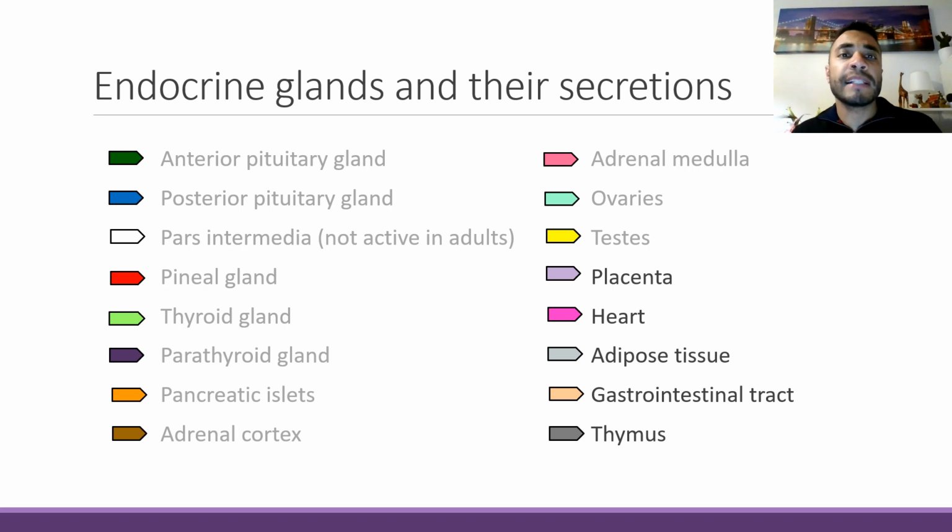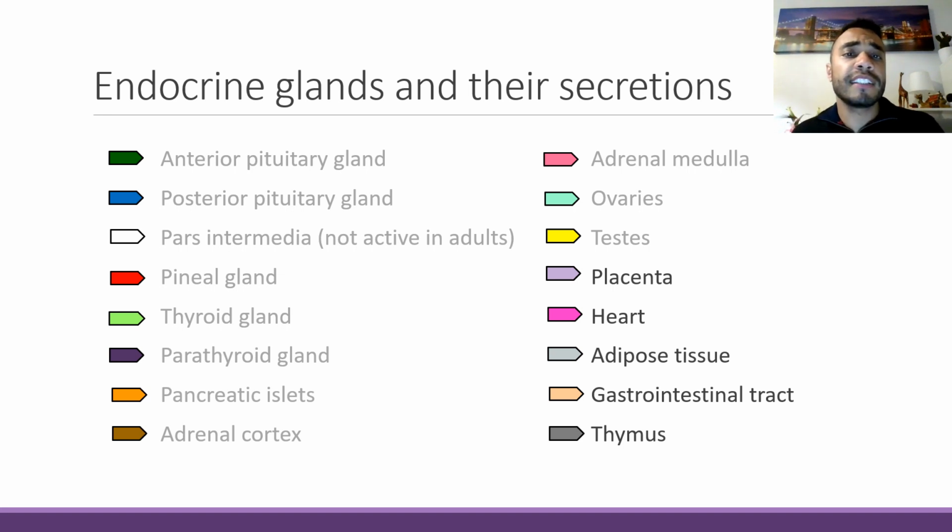For example, the placenta has some cells that secrete the human chorionic gonadotropin, the HCG. This hormone HCG is pretty much active during pregnancy.